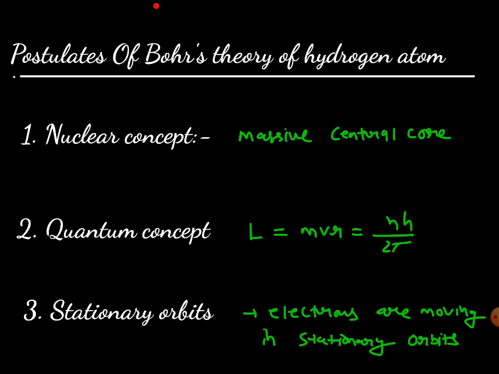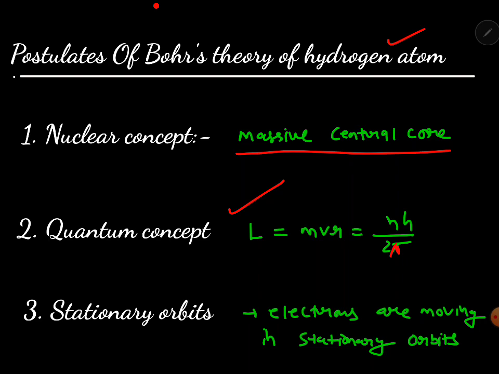The postulates of Bohr's theory of the hydrogen atom: first, the nuclear concept. He said the nucleus is a massive central core, and the whole mass is concentrated in the nucleus. Also the quantum condition: we saw that only those orbits are possible where the angular momentum is equal to nh upon 2 pi.